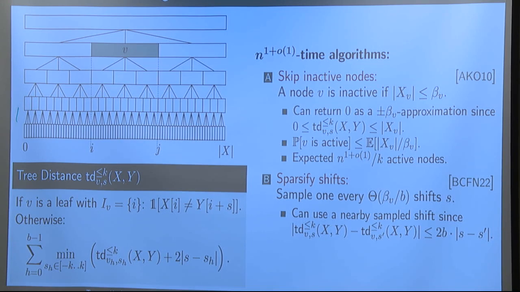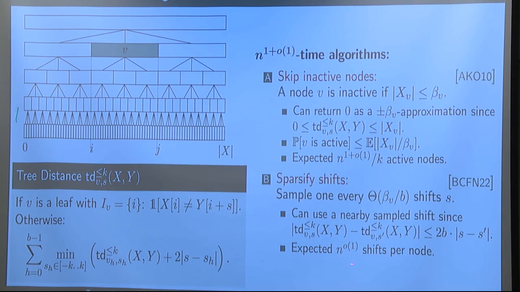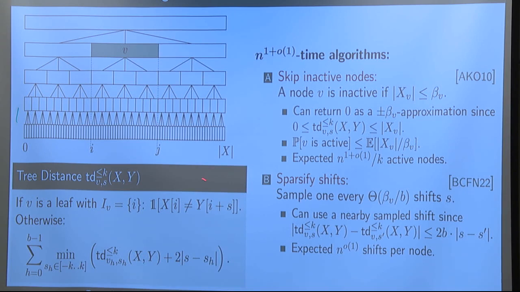It's actually beta v over b because we are summing up over b children. And now, in expectation, since we have k shifts in total, if we sparsify with this rate, for every node we need to consider only sub-polynomially many shifts in expectation. And now, since there are linearly many nodes, again this gives a new linear time algorithm.